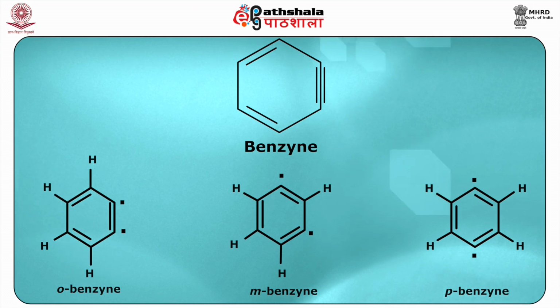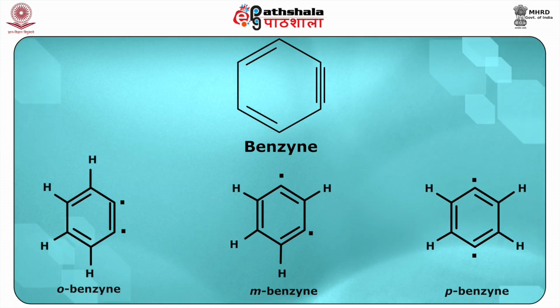Although the benzyne intermediate is best described as having a strained triple bond, a biradical representation is also sometimes useful and describes properties of the system.